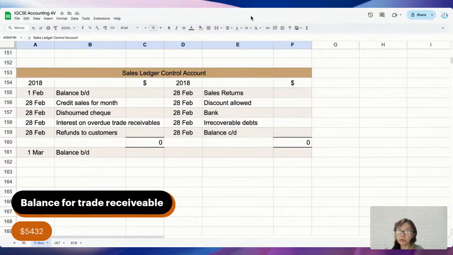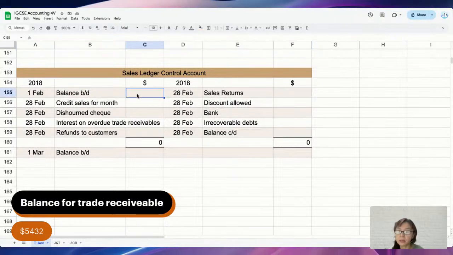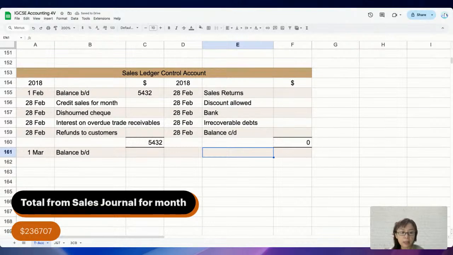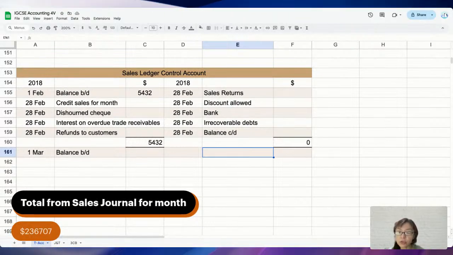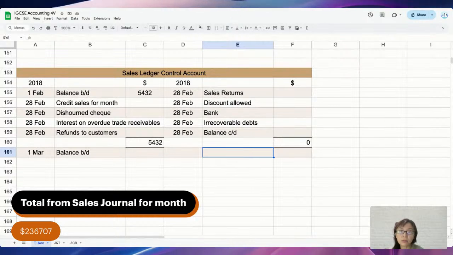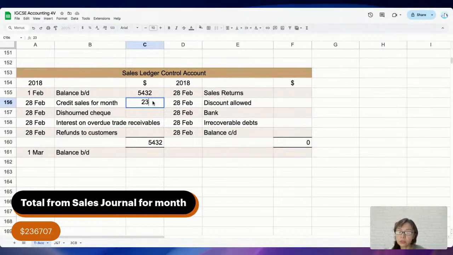What you need to do here is to put in the balance. They already tell you that the balance is 5432. So you just put in the 5432, and then it says that the total from the sales journal of the month is 236,707. So you just put it there.